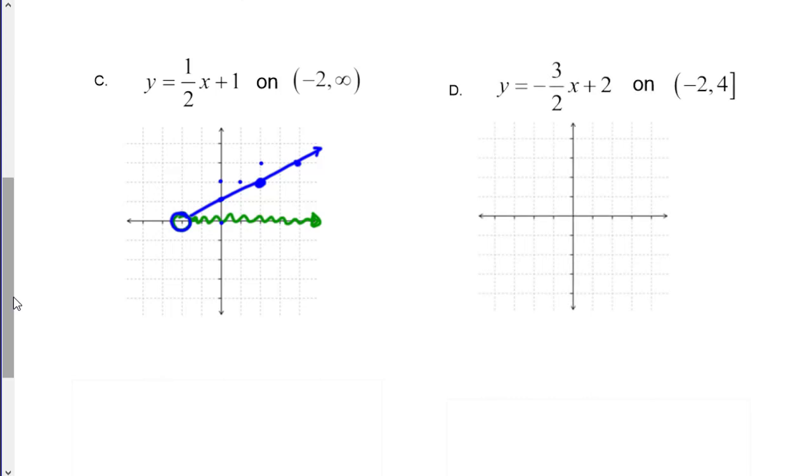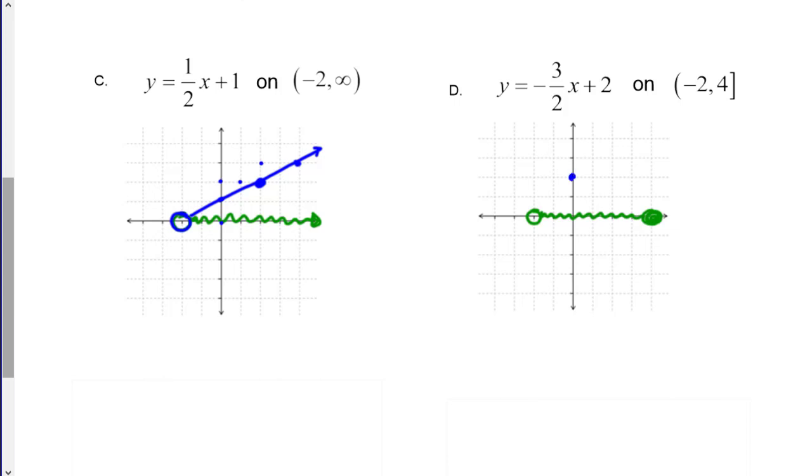Okay, let's say I have y equals -3/2 x plus 2 on the interval from -2 to positive 4, and the -2 is excluded, but the 4 is included. All right, this time I'm not going to draw the entire line, I'm just going to draw it on this particular interval.